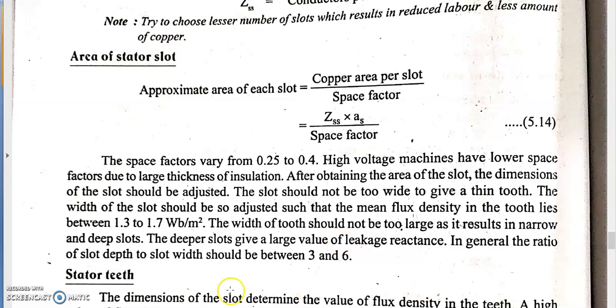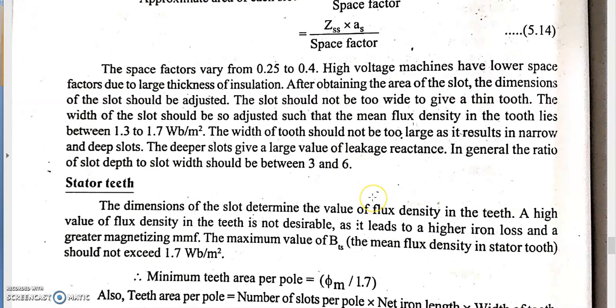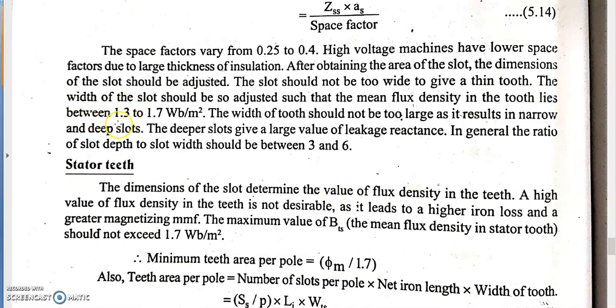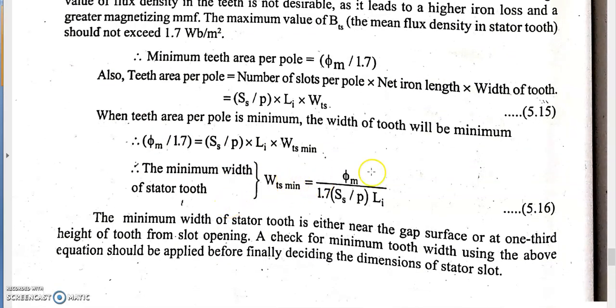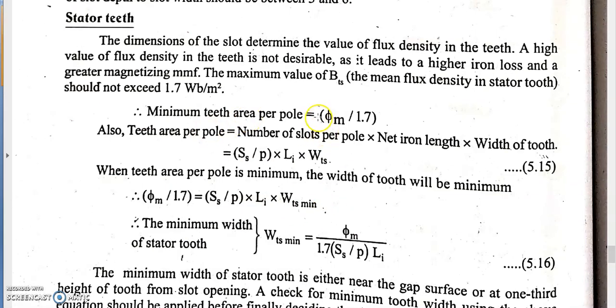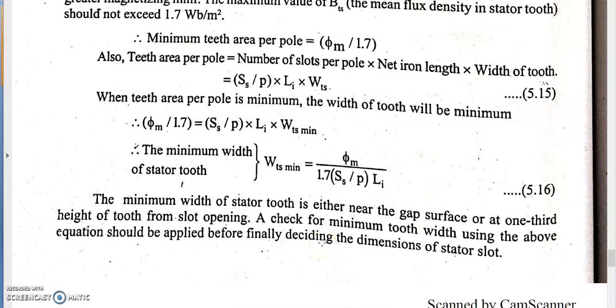The depth we will be assuming between 3 and 6, and then we will be calculating the slot width, and then we will be calculating the tooth width. And tooth flux density should not exceed 1.7 Wb per meter square. So from that we will be calculating the stator tooth width also. So minimum tooth width we are calculating from flux and flux density value. Flux is known, flux density is 1.7. So from this we are calculating minimum tooth width of the stator. So with this we have completed the stator winding design and stator core design.